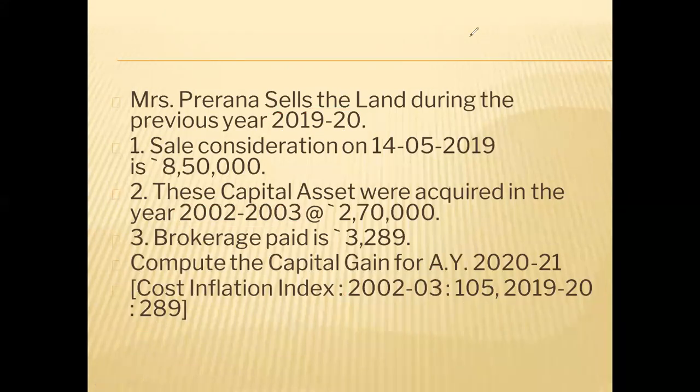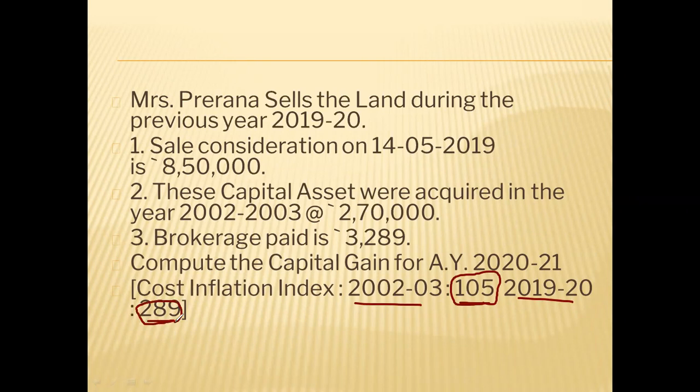Now, what is the meaning of this? Let us understand. In 2002-3, if you could purchase an item for 105 rupees, today in 2019-20, the same item is costing 289 rupees. This is the meaning of cost inflation index.